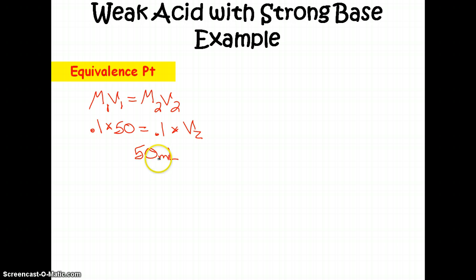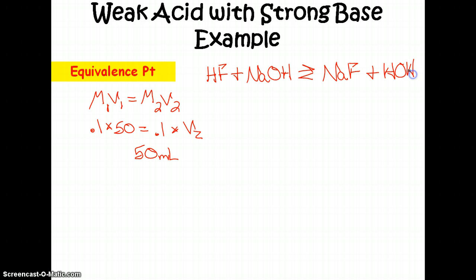All right, now as far as finding the pH at the equivalence point, that is when the acid and the base have neutralized one another. So we have our weak acid and our strong base, and they're going to neutralize one another and make a salt, which is NaF, and water, which is the HOH.